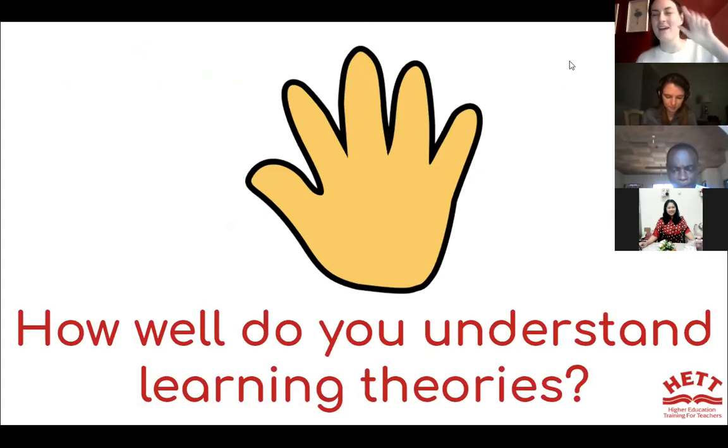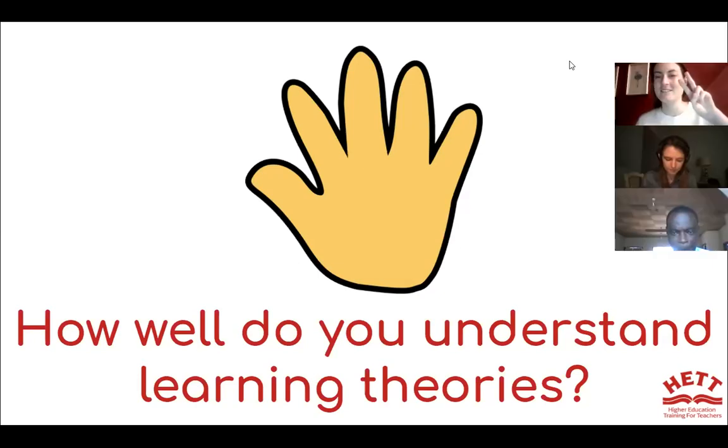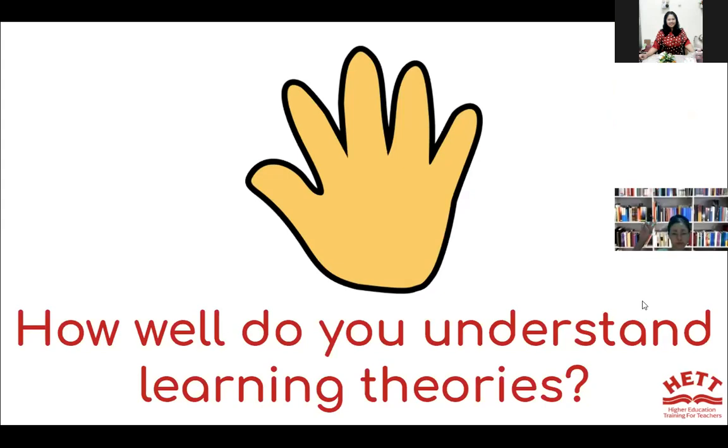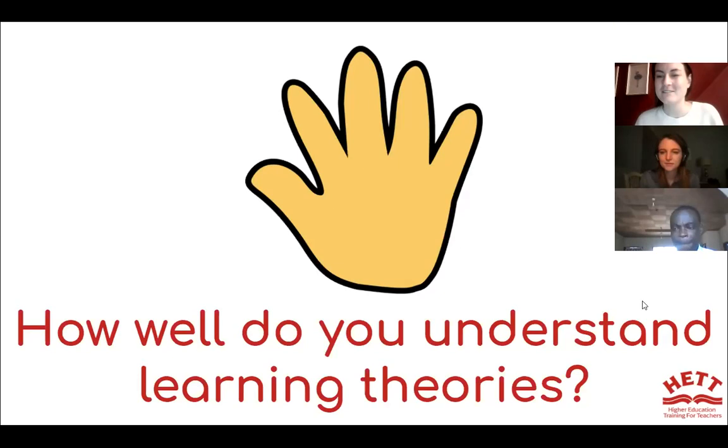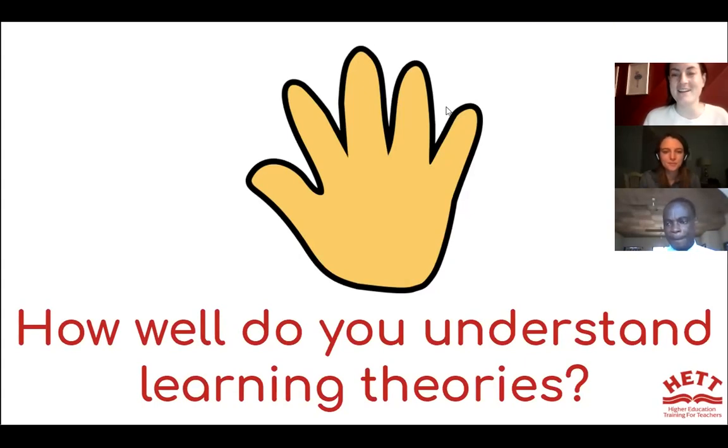So how well do you understand? Okay, let me look at people. I see a 2. Let me check the chat. 4, 3, 3, 3, 3. Okay, so you're getting there, if you've attended some of the classes.